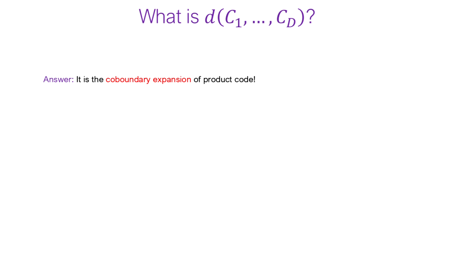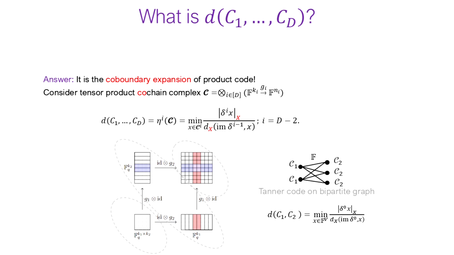So the key idea was, what is the natural analog of this expansion if we consider these sheaf codes? The natural analog is just the co-boundary expansion, if we interpret a product code as a graph code. Every product code, as was noticed by Tanner, can be interpreted as a graph code. So we have a graph, and here, for example, are our columns, and here our rows.